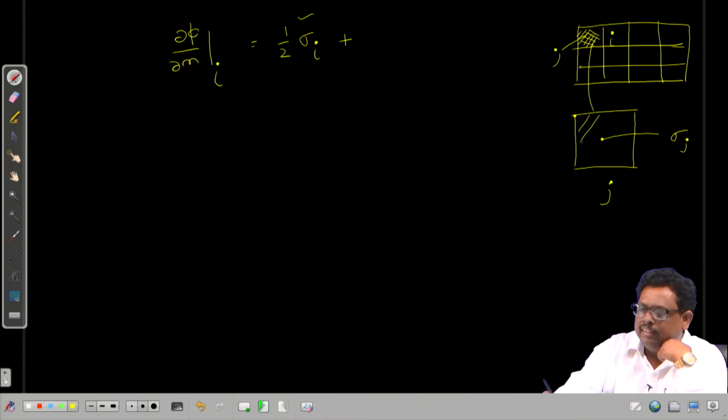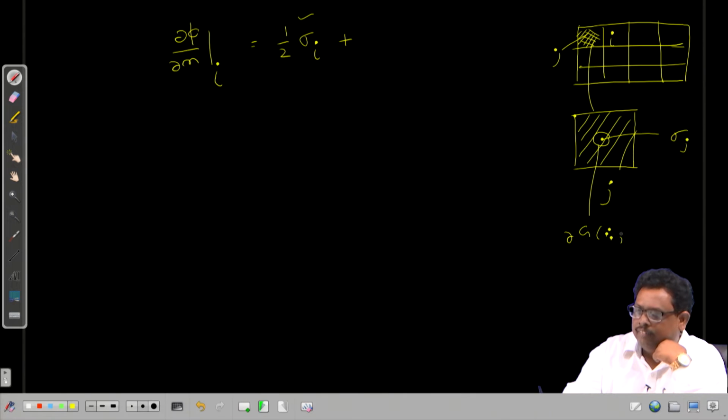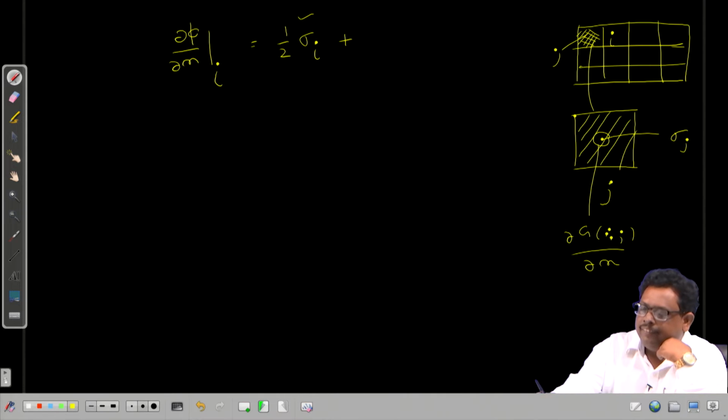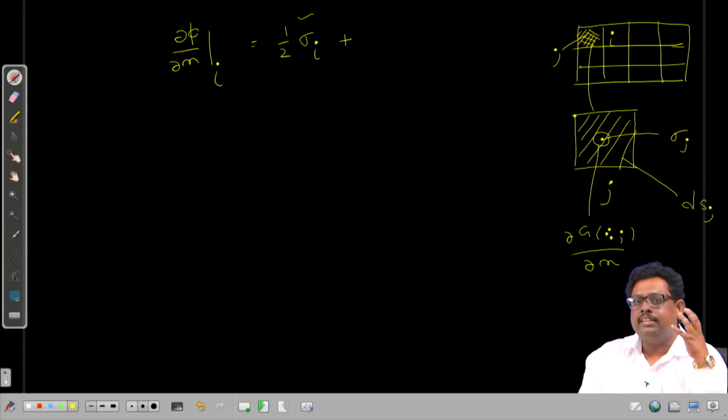But we need to integrate this. Earlier, at this point only we tried to find out the functional value, that is del phi i j divided by del n at the centroid, and now I multiply this by ds j. That is the strategy for the one point Gauss quadrature rule.